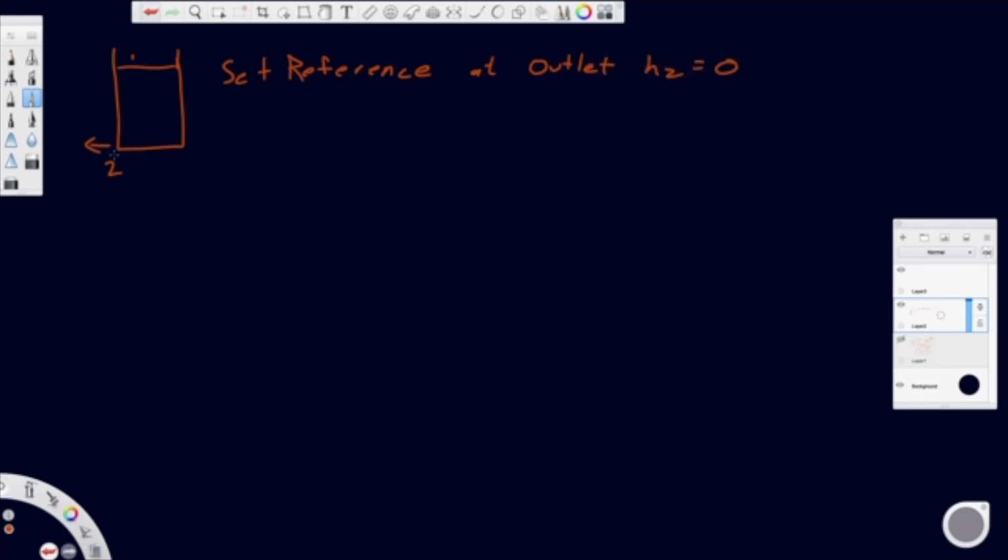So we're going to call this our vertical datum. Now H2 is 0, so we can pretty much remove it from the equation and just refer to the height in terms of H.